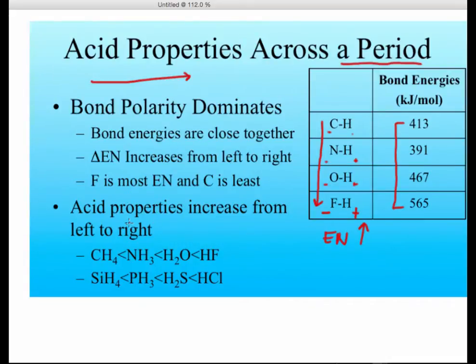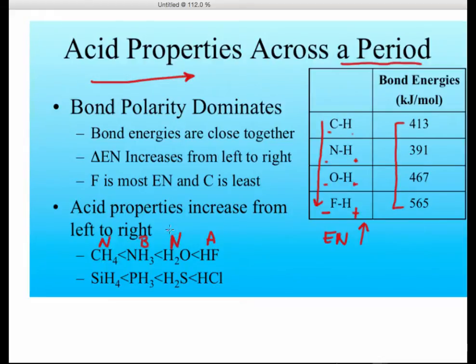So our acidic properties increase going from left to right on the periodic table because of the high electronegativities. Here we have hydrofluoric acid, not a strong acid, it's still a weak acid, but an acid nonetheless. Water is neutral, this is a base. So here we have an acid, something neutral, and something that's a base. And then over here, neutral. This isn't even going to have any sort of properties at all.